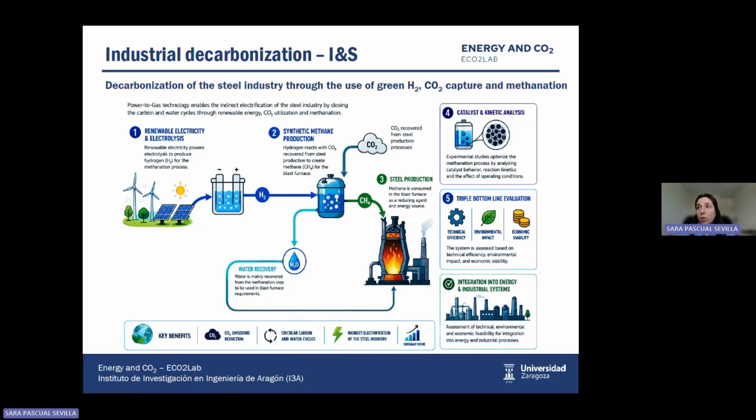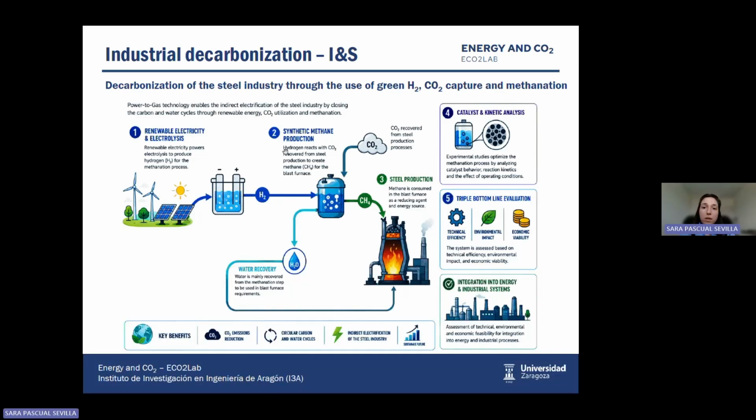To do this, we propose first the use of renewable electricity to produce green hydrogen. In this case, the green hydrogen is used for a catalytic methanation process to obtain methane to use as fuel for the hot metal production.